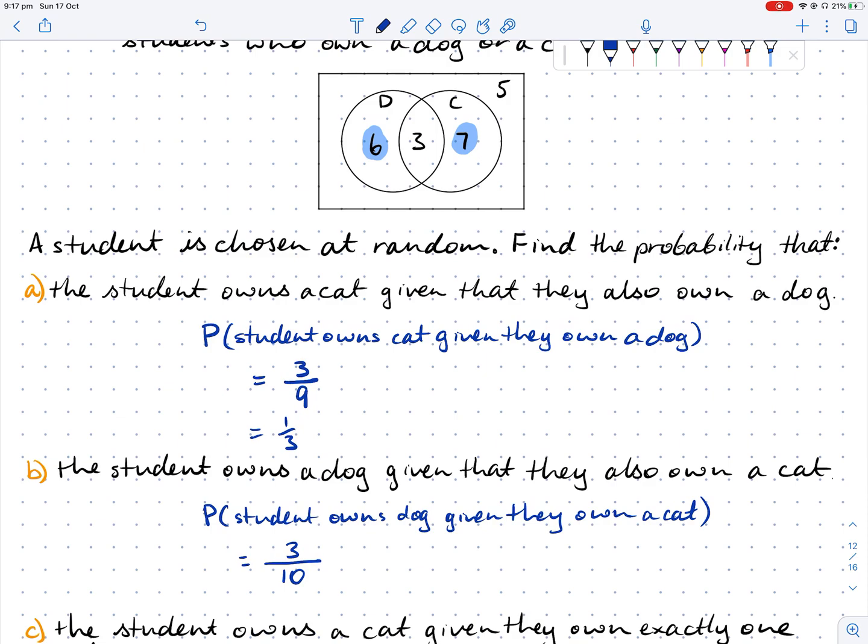When we did the first one, student owns a cat given that they own a dog, we were looking at this circle here, and we took the number of people who own both over the number of people who own a dog. So the overlap is really your numerator value.